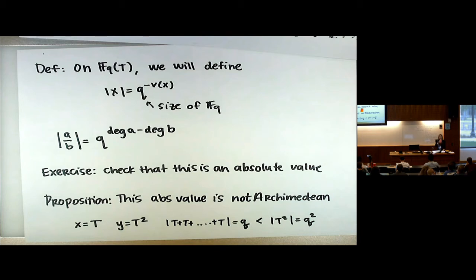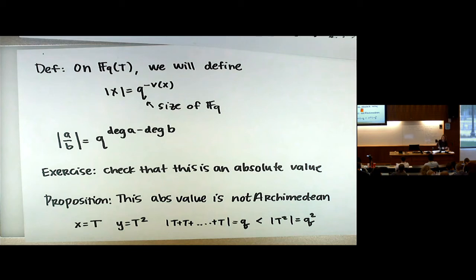Would you have to have characteristic 0? Sorry? I think it would be necessary to have characteristic 0. Okay, so it's possible that characteristic 0 is necessary for an Archimedean absolute value. Exercise: Google this and report back. Or prove it if you're more advanced than the exercises that I'm giving.